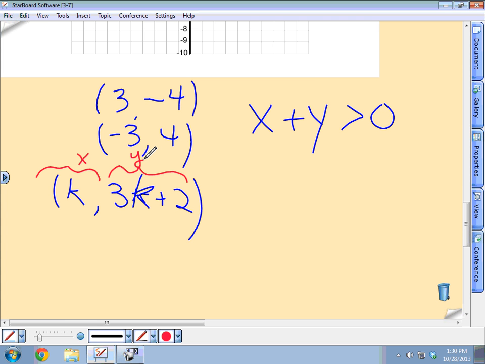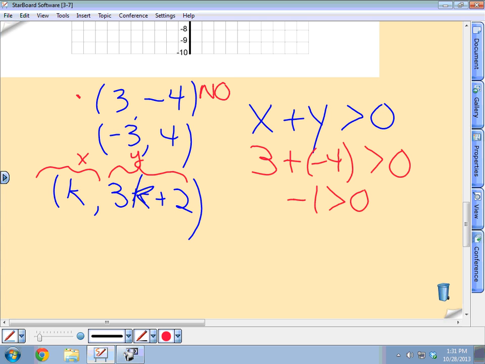But beware, eventually they might put up here a k or a k plus 2 or something, and it's really no different. So for this one, I would put my 3 in for x, and my negative 4 in for y. All they're saying is is it a true statement or not? Well, 3 minus 4 is negative 1, and negative 1 is not greater than 0. So you write no. That's not a solution.